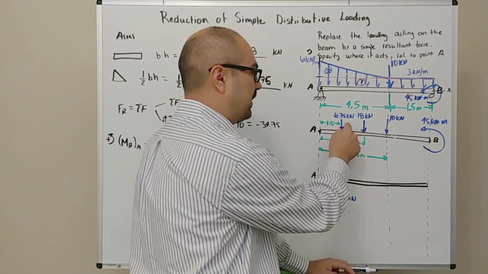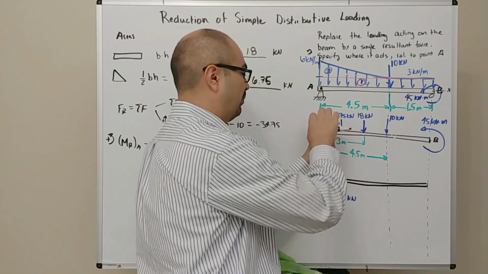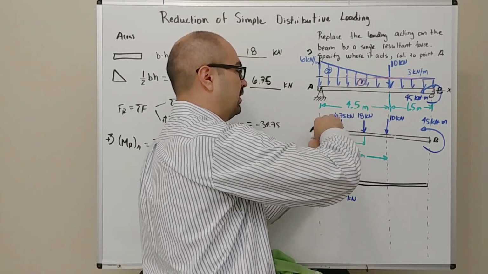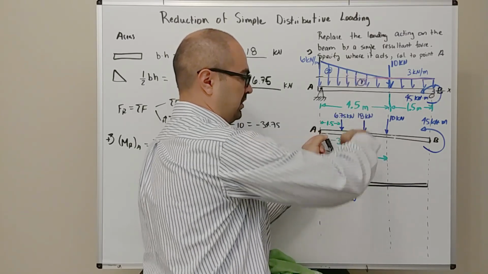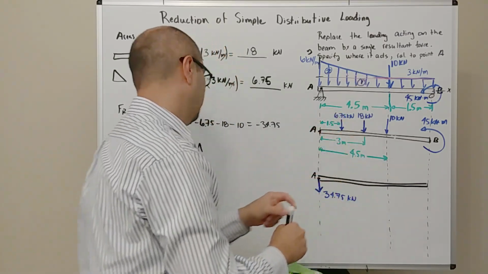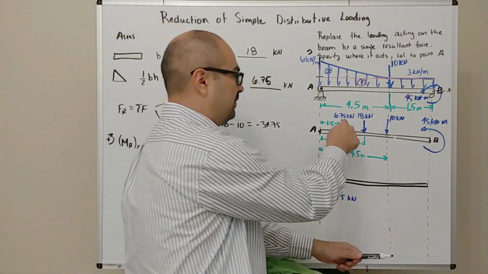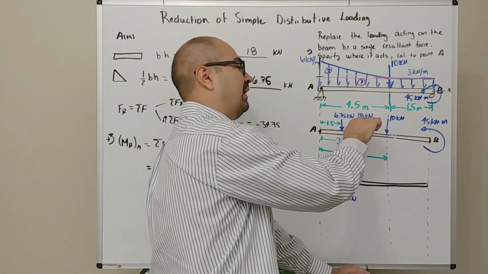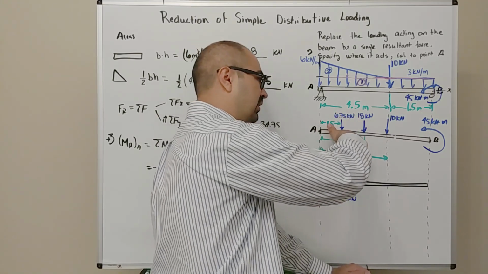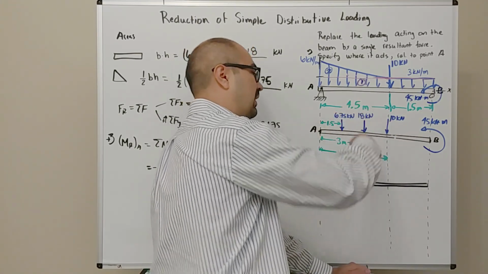The 6.75 about this point A, if I'm at point A and I pin and I go down, this guy's going to rotate clockwise, or negative. So that's going to be a negative moment. So if this guy produces a negative moment, the 18 force is going to produce a negative moment, the 10 is going to produce a negative moment.